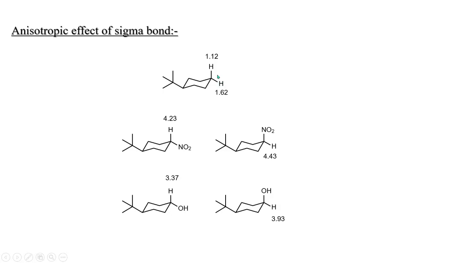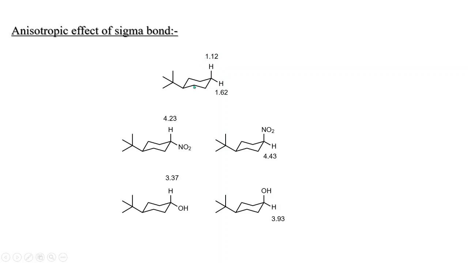So this axial proton resonates at a lower delta value and has a shielding effect, and this equatorial proton has a de-shielding effect. Why is it like that? Because this sigma bond, which is the carbon-carbon sigma bond, is nearer to this hydrogen, so it will experience a shielding effect.